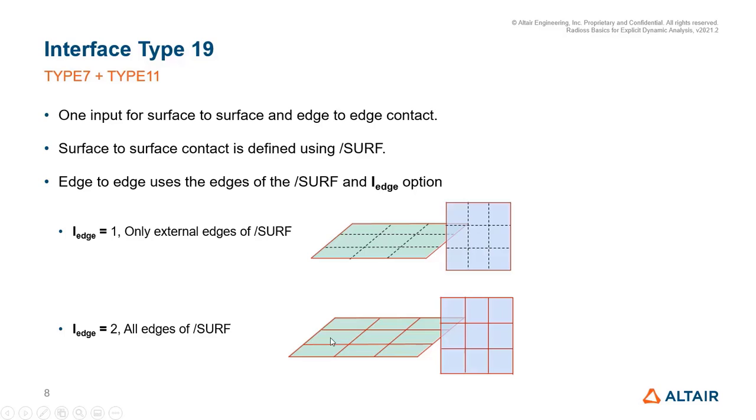Now you can see here all the edges are considered for the contact. So type 19 is type 7 plus type 11, and for having that type 11 effect there is the iEdge option. You can have iEdge 1 or 2.